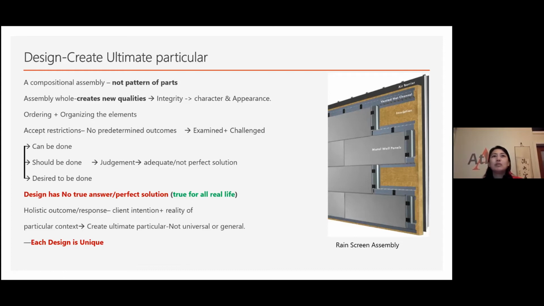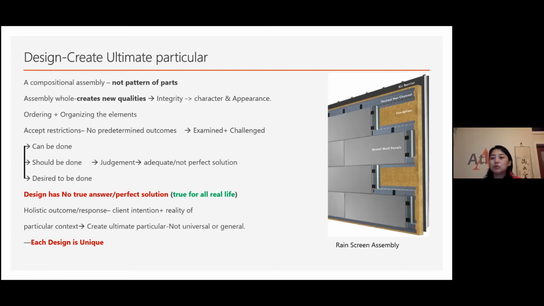They're also talking about how, when we design, we have to accept restrictions, and we don't come at the problem with a predetermined outcome. We have to constantly examine and challenge our previous decisions. What can be done, what should be done, and what do we want to be done? We make judgments between all these desires, and we find an adequate but not perfect solution, just like many people mentioned.